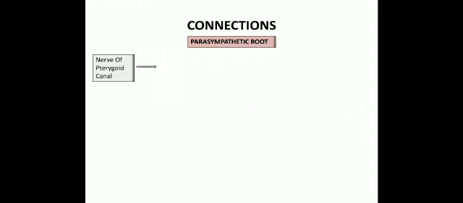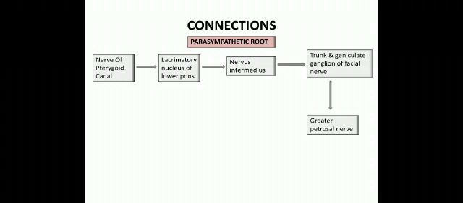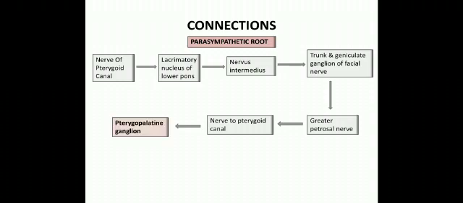The preganglionic fibers arise from the lacrimatory nucleus of the lower pons, then successively pass through the nervus intermedius, the trunk and geniculate ganglion of the facial nerve, the greater petrosal nerve, the nerve of the pterygoid canal, and finally relay in the pterygopalatine ganglion.